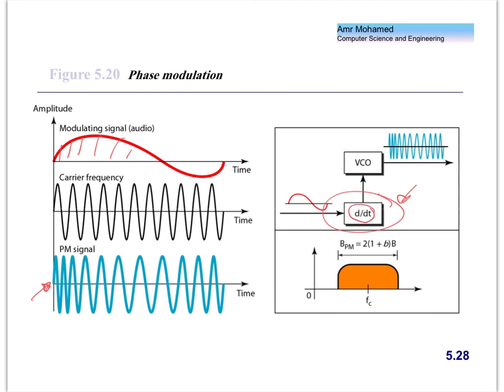So instead of changing the phase based on the amplitude of the input signal, we will change the frequency of this signal based on the derivative of the input signal. So this is exactly equivalent to FM. However, before we feed the signal to the voltage controlled oscillator, we need to take the derivative of the input signal. That's the only thing.